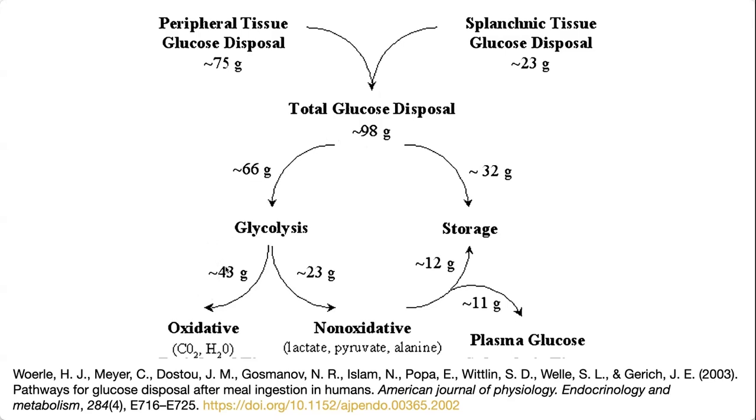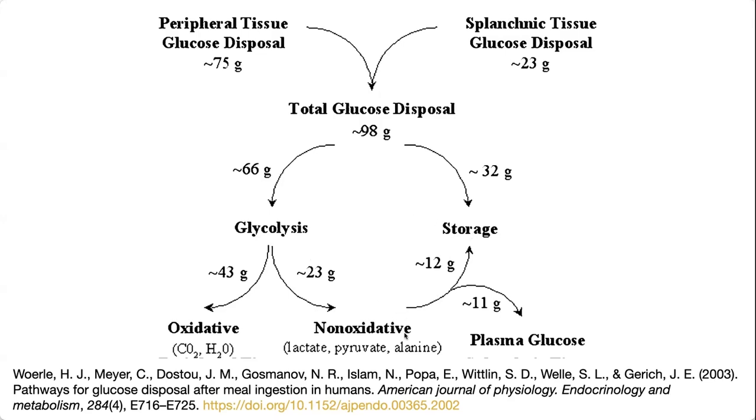Most of what goes to glycolysis is going to be used in the oxidative state, so you're going to take it all the way down to CO2 and water. But part of it is going to go through the non-oxidative state, and so it's going to end in lactate, pyruvate, or alanine. That can then get shipped to your liver, which can either link it up to store it as glycogen or send it back out into the bloodstream as glucose.